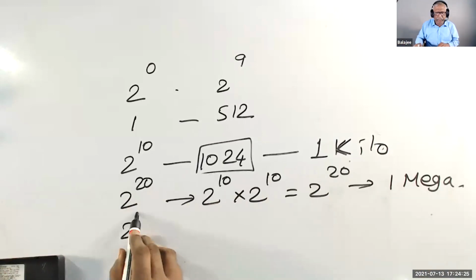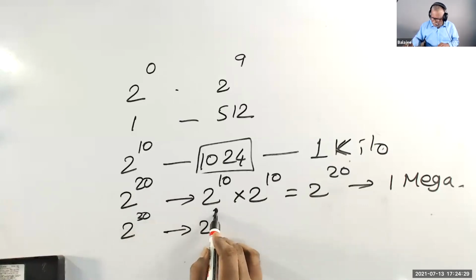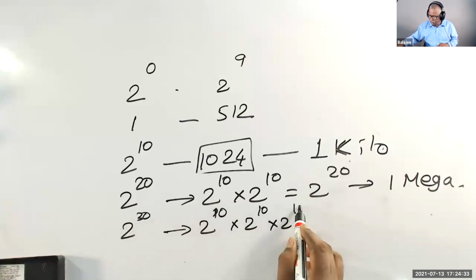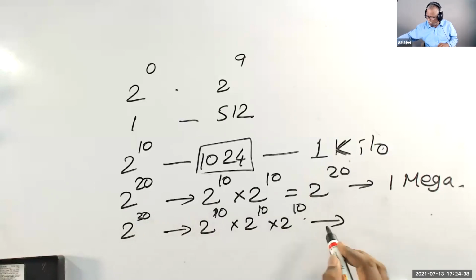Same way, 2 power 30 is 2 power 10 into 2 power 10 into 2 power 10, which we can write as 1 giga.